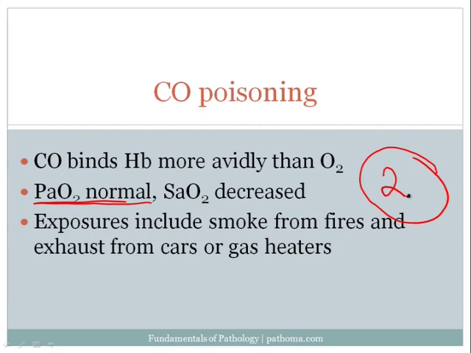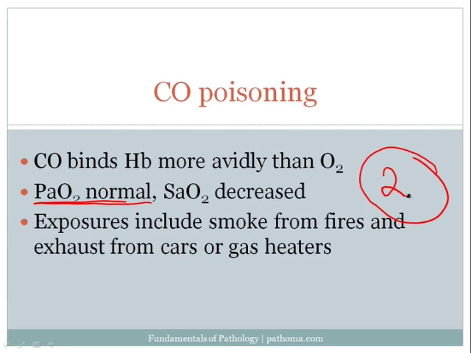Now, important to recognize for examination purposes and for clinical purposes, the common exposures that lead to carbon monoxide poisoning include smoke from fires. So any patient that happens to be exposed to smoke from a house fire or some fire of that nature can develop carbon monoxide poisoning.